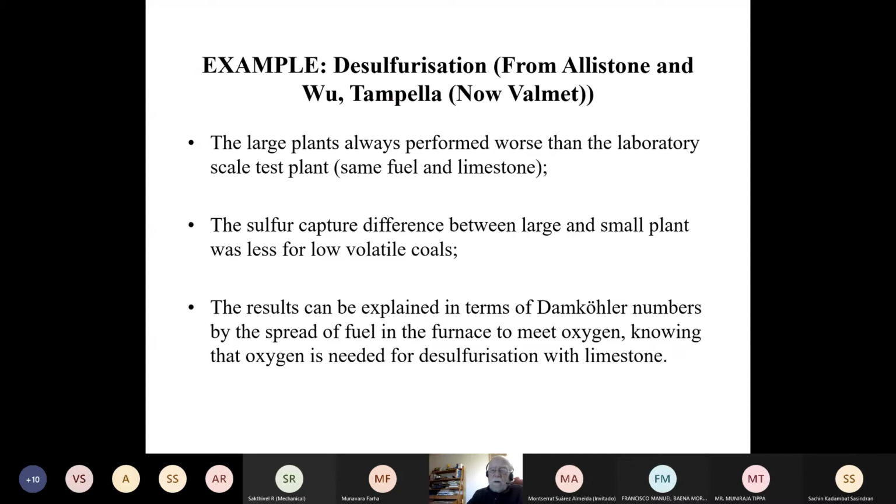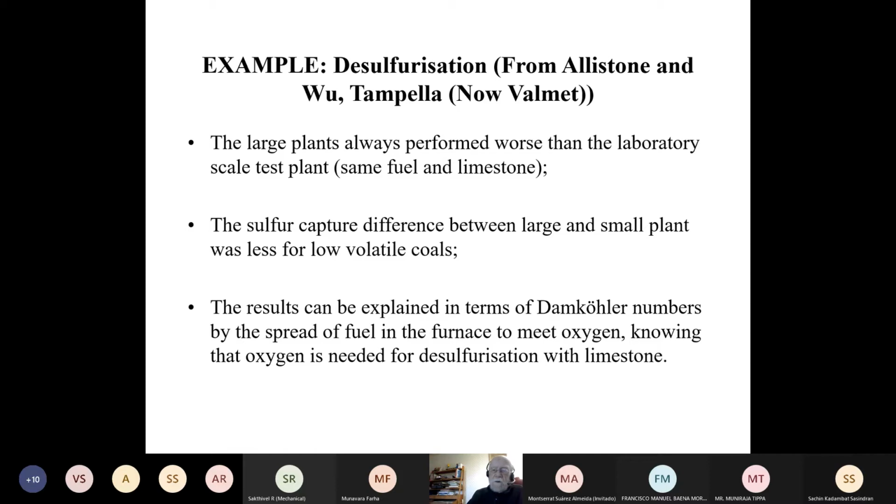But before they delivered a boiler, they investigated various things, among others, the sulfur capture capacity of various limestones. The point is that when a customer buys a boiler somewhere, he would like to use the local limestones because you don't want to transport the limestones very far. But limestones are very different from each other.